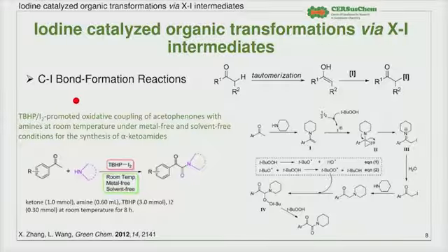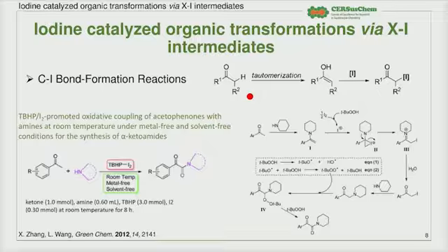In this case, I'm going to divide the presentation into various elements, for example, carbon-iodine bond formation, nitrogen-iodine bond formation, chalcogen-iodine bond formation, phosphorus-iodine bond formation, etc.